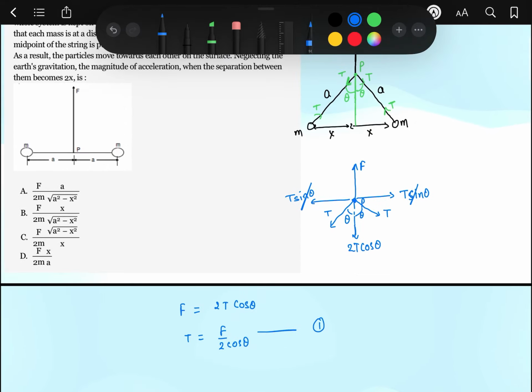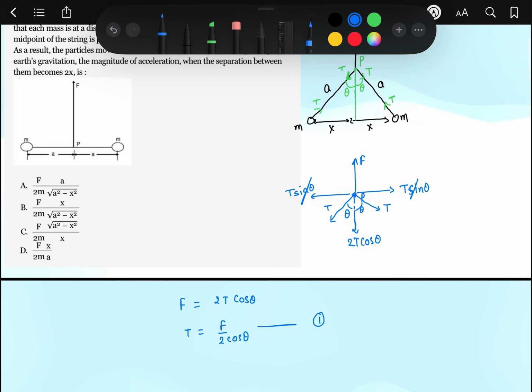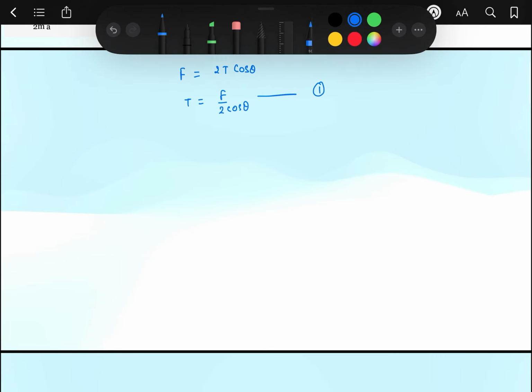Now if I draw the free body diagram of this mass m, let us suppose this mass is moving in this direction with an acceleration a, and this mass is also approaching the other mass with acceleration a, when the distance between them is 2x. So let me draw the free body diagram of this mass m.